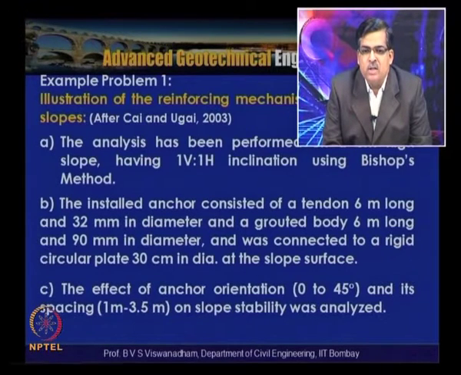The anchor orientation with reference to the horizontal varied from 0 to 45 degrees, to see the influence of anchor inclination on slope stability, and spacings along the slope surface ranged from 1 meter to 3.5 meters. The effect of spacing on the slope reinforced with the anchor was studied.